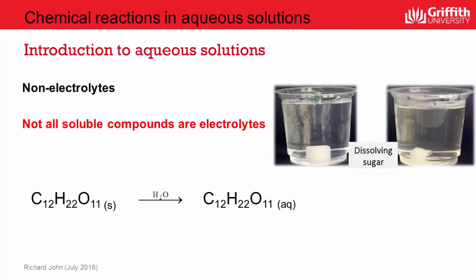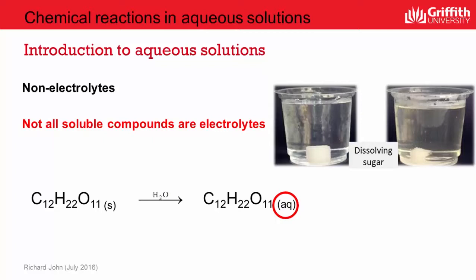Sugar is comprised of the molecule sucrose, C12H22O11, and we can see a representation where solid sucrose is placed into water and transformed into aqueous sucrose. The aqueous subscript represents the fact that this compound is now dissolved as an aqueous solution in water.